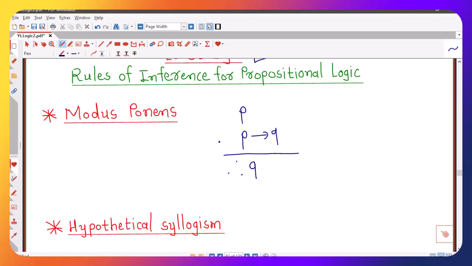So whenever this conditional statement and its hypothesis both are true, then we can say that the conclusion is also true, and this is known as modus ponens or law of detachment. And we have seen that this argument form is valid using truth table.